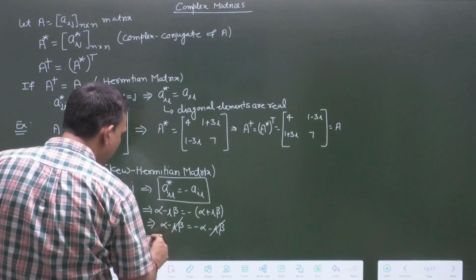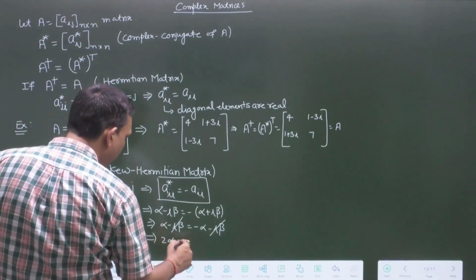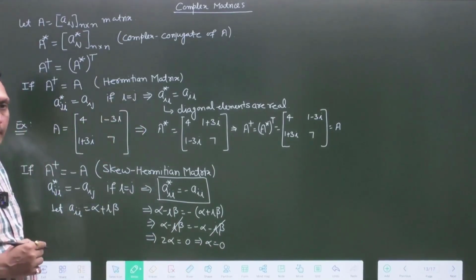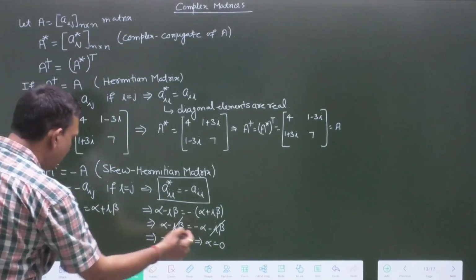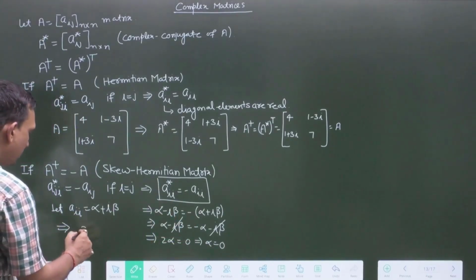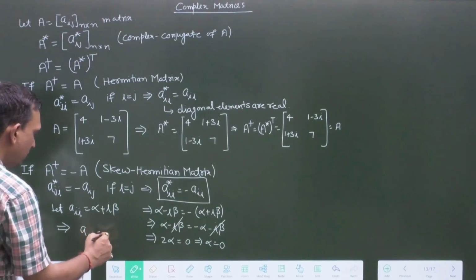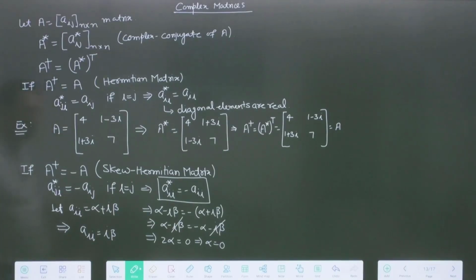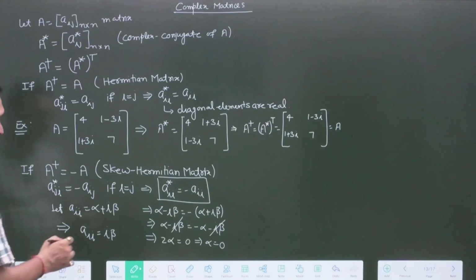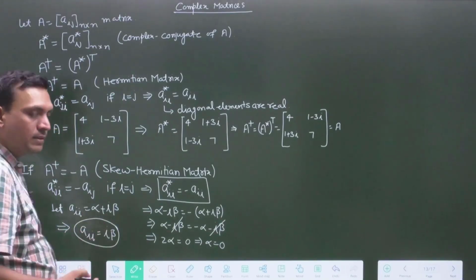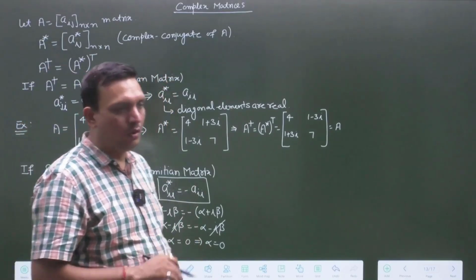This will cancel out: 2 alpha is 0, or alpha is 0. So when alpha is 0, A_ii is iota beta. So the diagonal element is pure imaginary or it may be 0 also.